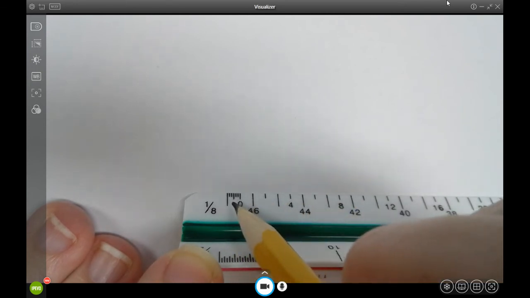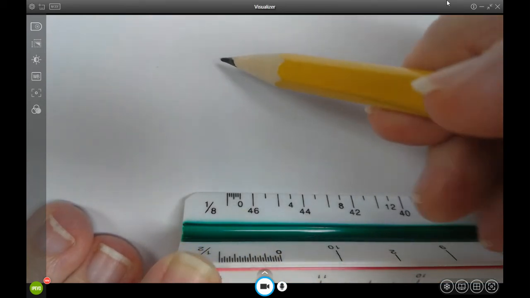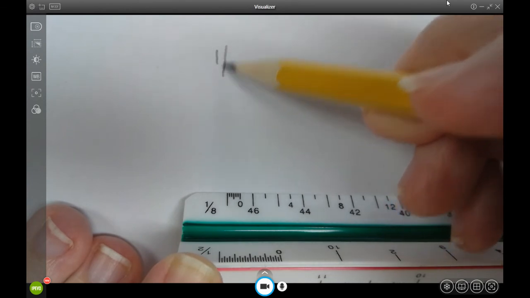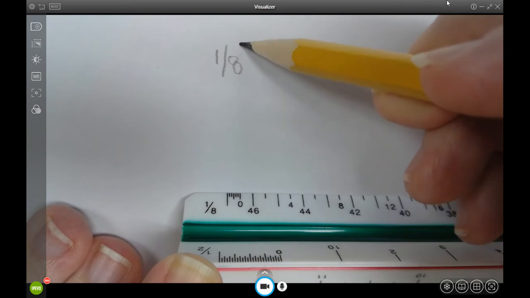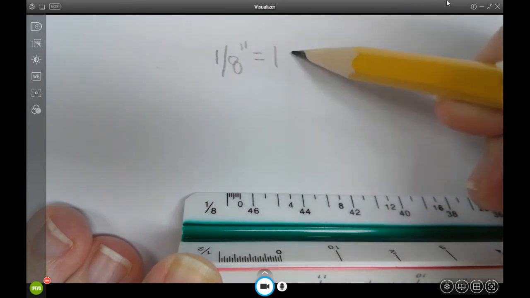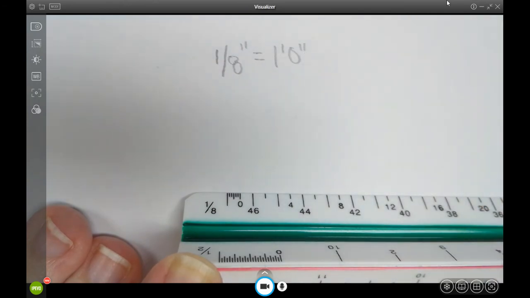The smaller little tick mark section here is always going to be our inches. So the way we would express this is 1/8 of an inch equals 1 foot. All right, so that's how we would represent that.